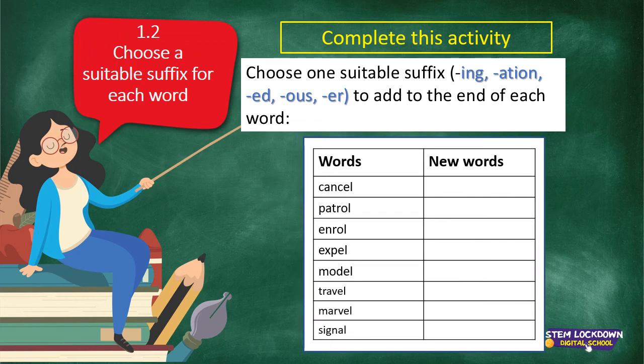So let's look at our words. Cancel, patrol, enrol, expel, model, travel, marvel, signal. I would like you now to choose an ending for each of those words and spell it correctly. Okay? I'm going to give you a bit of time and then we'll check.